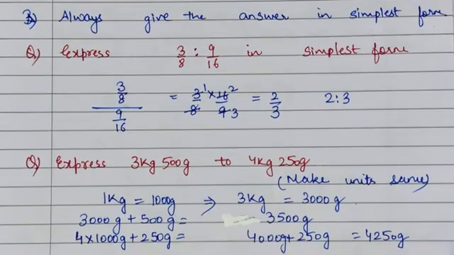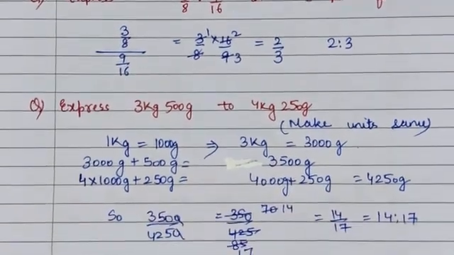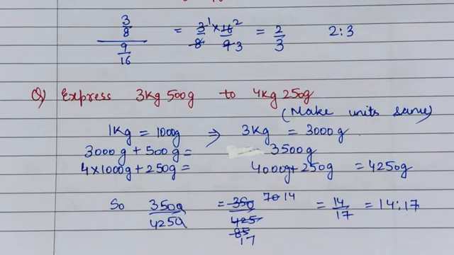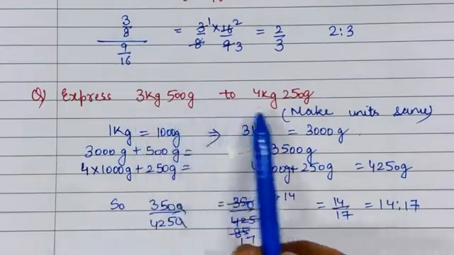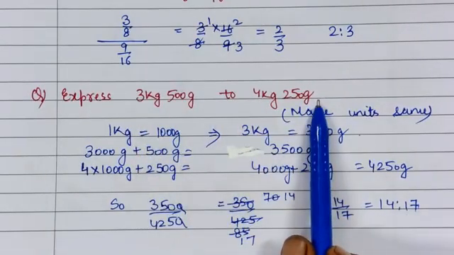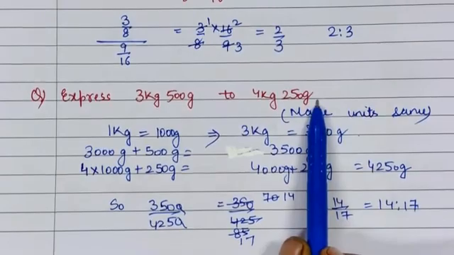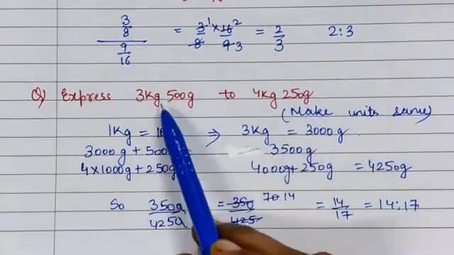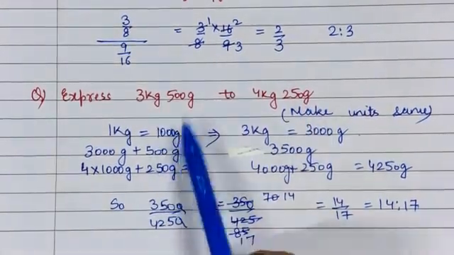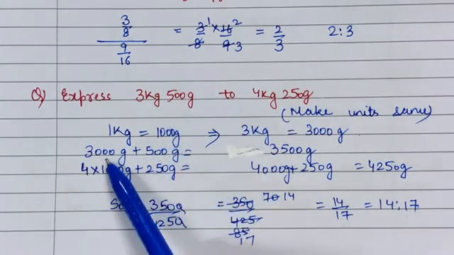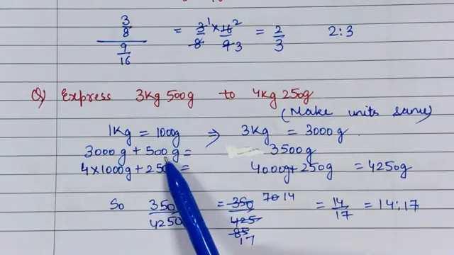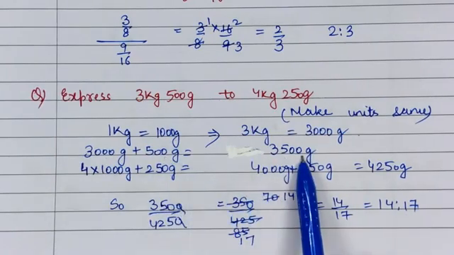Next, express 3 kg 500 grams to 4 kg 250 grams. So first of all, let us convert this into grams and this into grams. Then we have to find its ratio. Now 1 kg is 1000 grams. So 3 kg will be 3000 grams, plus 500, that is 3500 grams.